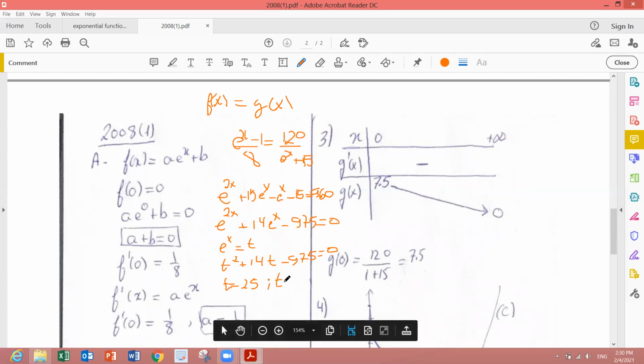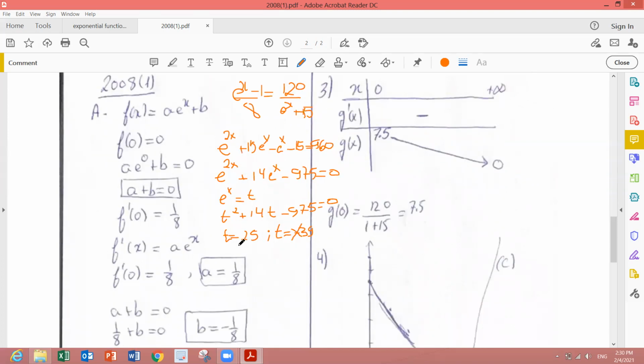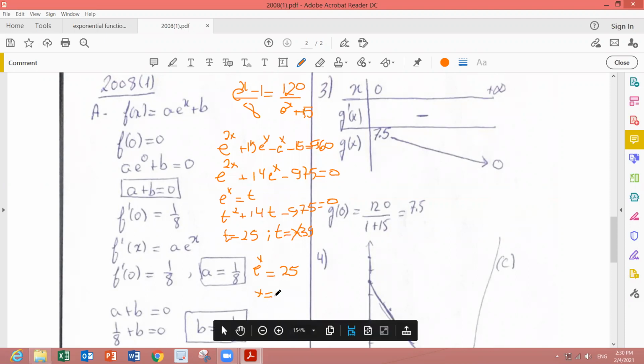That is rejected. So t equals 25, meaning e to the x equals 25. To find x, x equals ln 25.